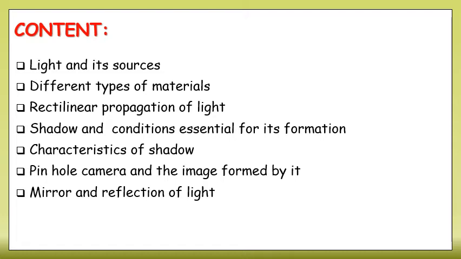Then we will study rectilinear propagation of light, shadow in the different conditions essential for its formation, and also different characteristics of shadow. And in the last, we will study the pinhole camera and how the image is formed by it, and also mirror and reflection of light. So let us start with light first.